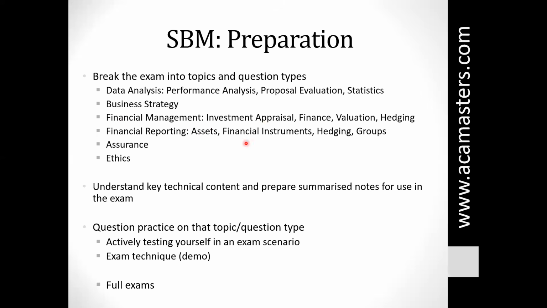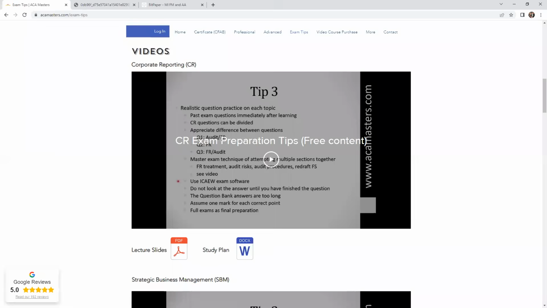Particularly with financial instruments and hedging, when you're covering that for CR, looking at the financial reporting treatment questions, do some SBM questions at the same time. So try to leverage the overlaps between the two. But those videos on the website cover in more detail how to prepare for the two separate exams. I would probably weight it slightly more towards CR, but not significantly, maybe 60-40 as a maximum.